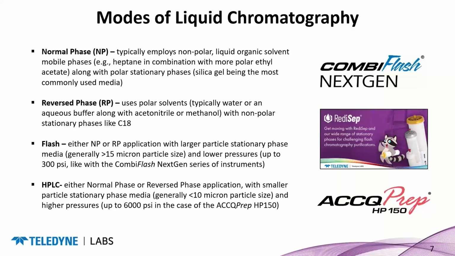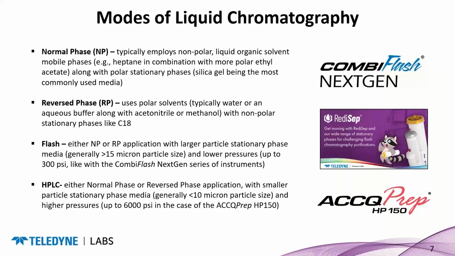This is where we're typically using non-polar organic solvents, generally alkanes like heptane, in combination with a more polar solvent to help elute samples from, in most cases, silica gel, although there's other media that can be used in normal phase mode.